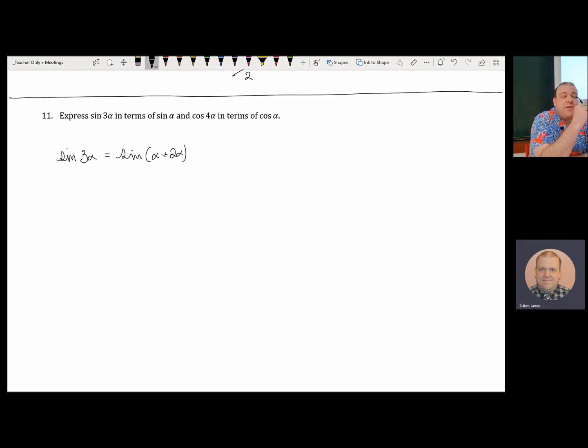We can write out 3 alpha as alpha plus 2 alpha, can't we? Then we can use the sum identity on sine, which is what?